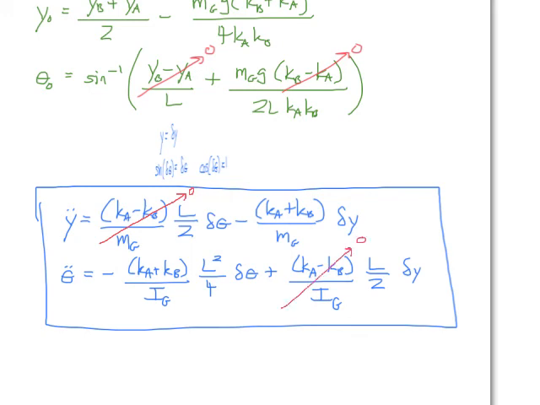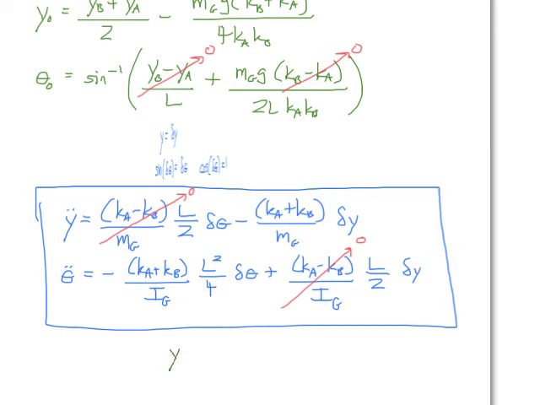And so now this greatly simplifies our system, where we have y double dot is now a function only of the change in the small translation y, and then theta double dot is only a function of the small change in angle. So by choosing springs that are the same on both sides, it's obvious to us now that this decouples the system from each other.